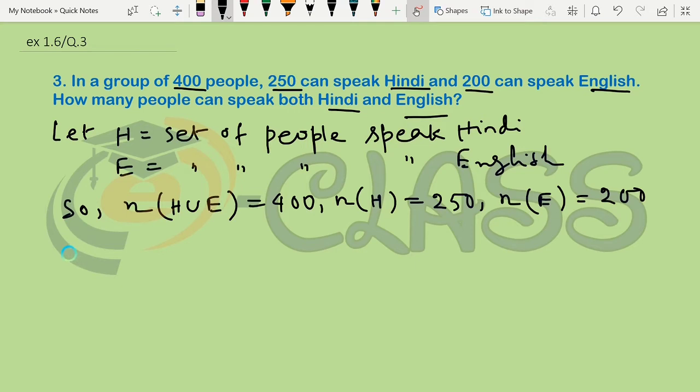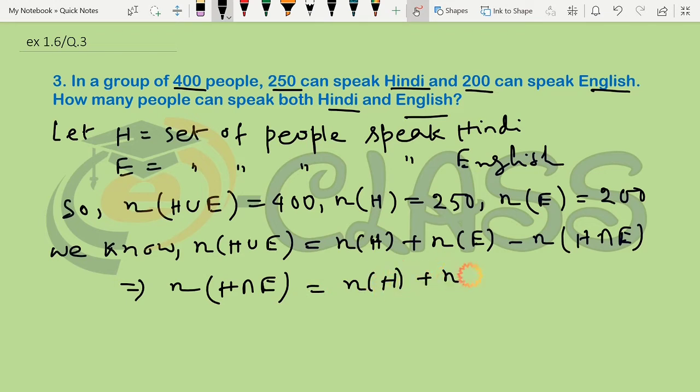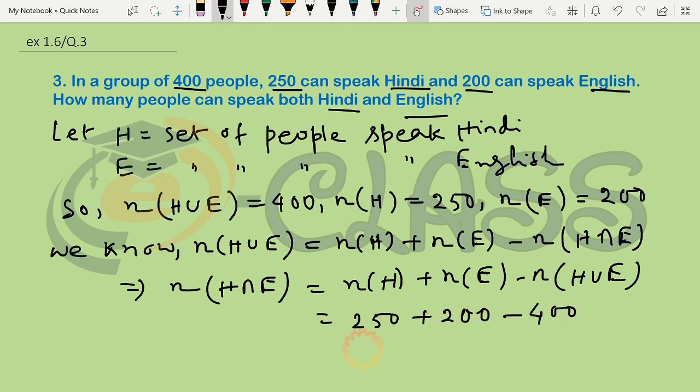So we have to find H intersection E. Now we know n of H union E equals n of H plus n of E minus n of H intersection E. So we can write that n of H intersection E equals n of H plus n of E minus n of H union E. Just put the values: 250 plus 200 minus 400. So 450 minus 400, and the answer is 50.